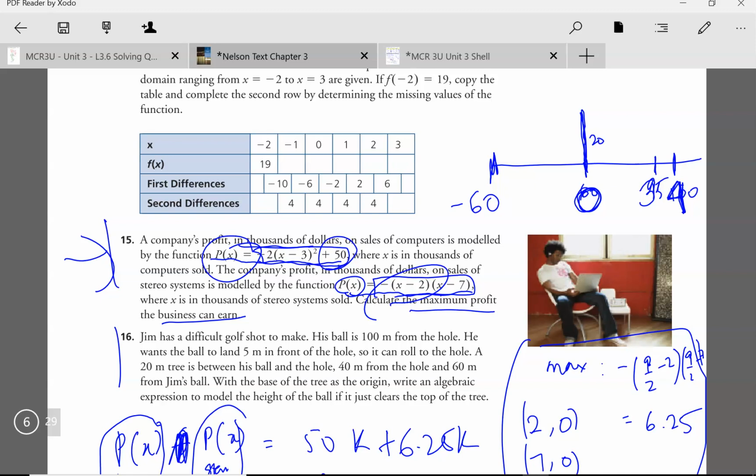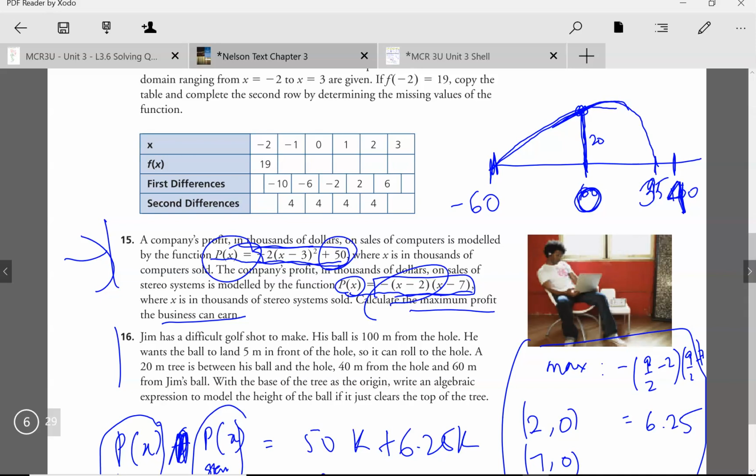With the base of the tree as origin, write an algebraic expression to model the height of the ball if it just clears the top of the tree. So the ball went somewhat like that and fell down at 35. That's a very bad parabola, but there you have it. The key thing I want to point out here is the easiest mistake to make during this question is to assume that this point (0, 20) is the vertex, which we are not given.